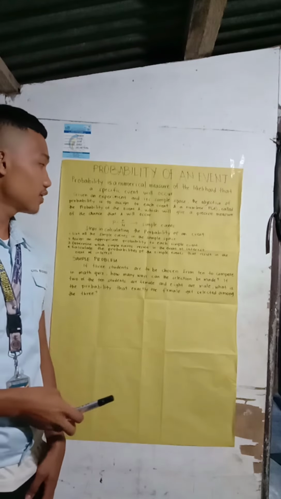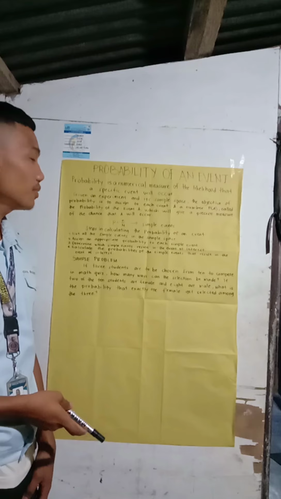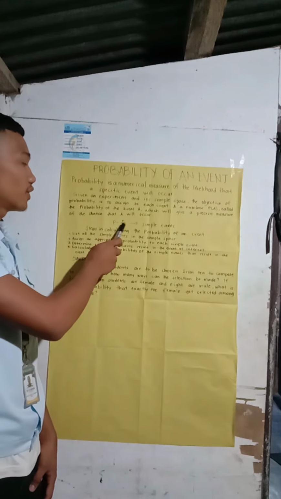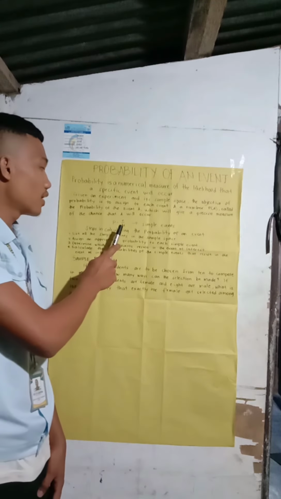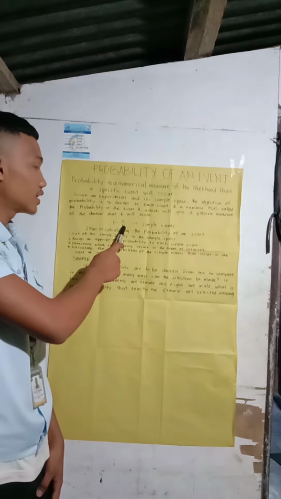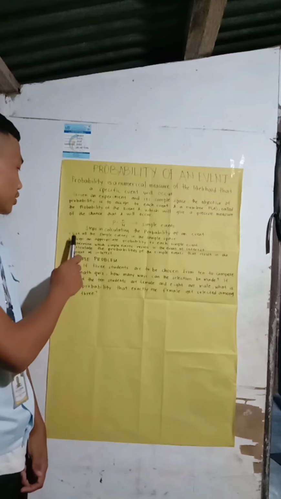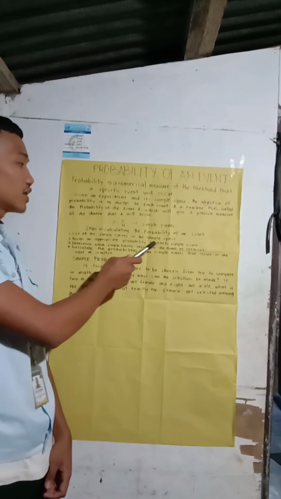So in solving simple events, we have the formula P is equal to n over N, where N is our total subset. We have several steps in calculating the probability of an event. First, we have to list all the simple events in the sample space.